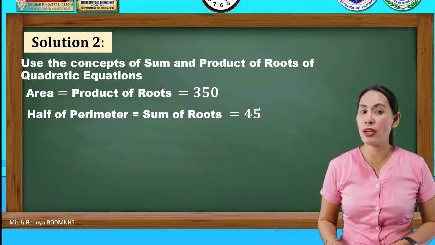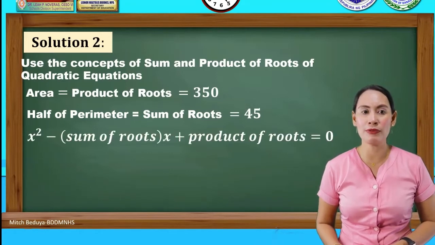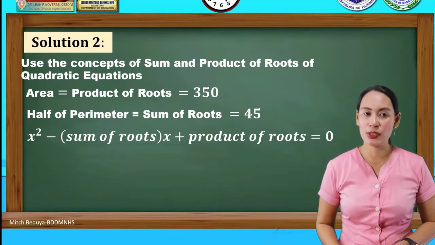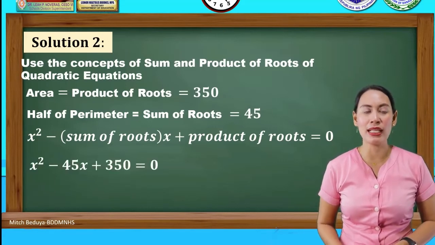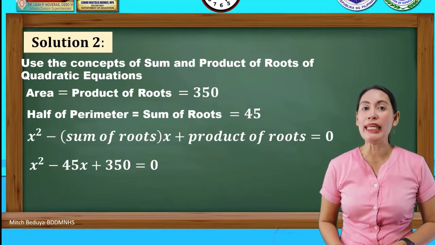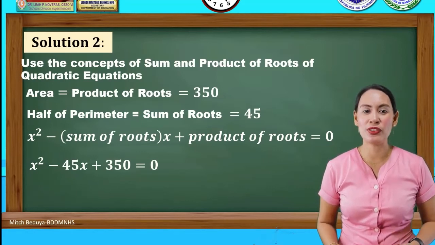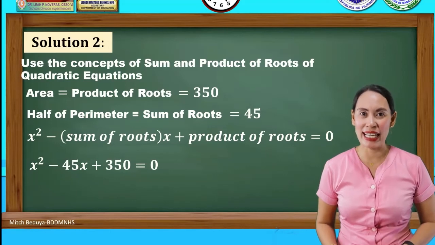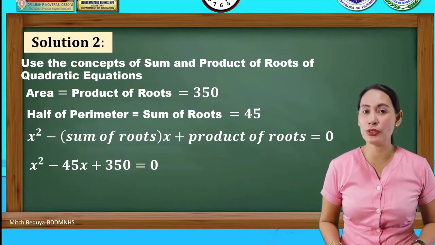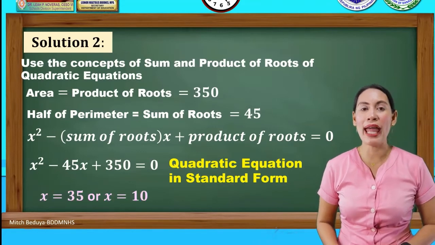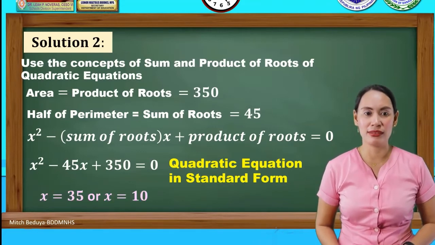So by applying the concept of sum and product of roots, we have x squared minus 45x plus 350 equals 0. This is now the quadratic equation in standard form. So the solutions are x equals 35 or x equals 10.